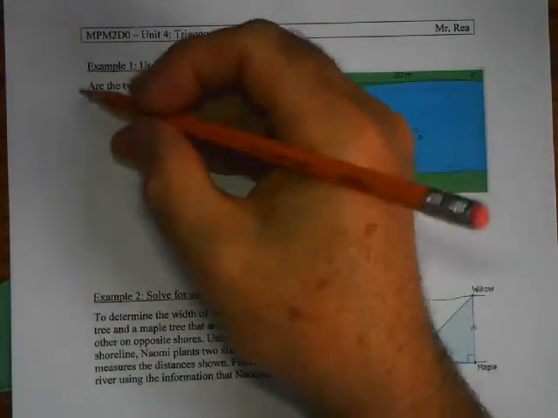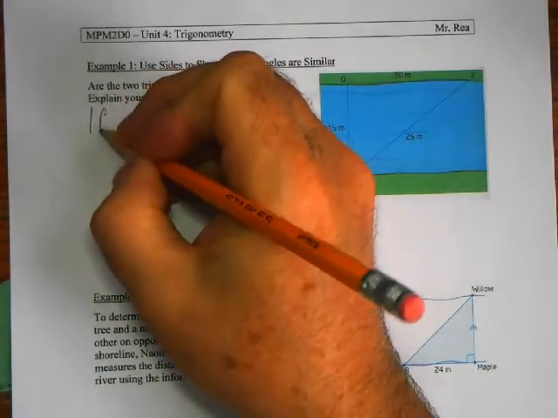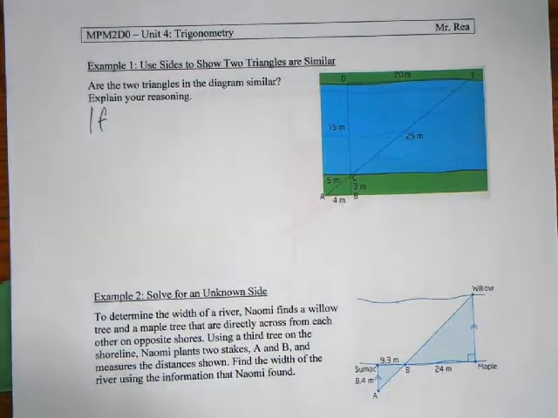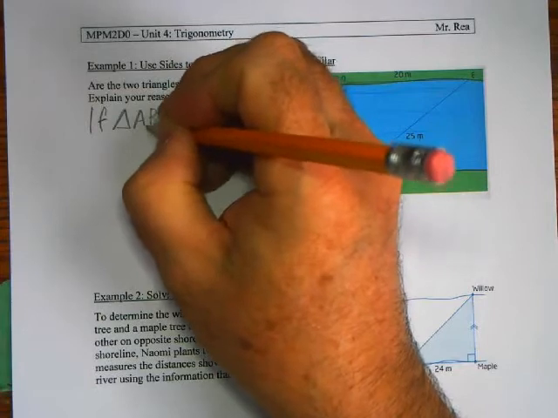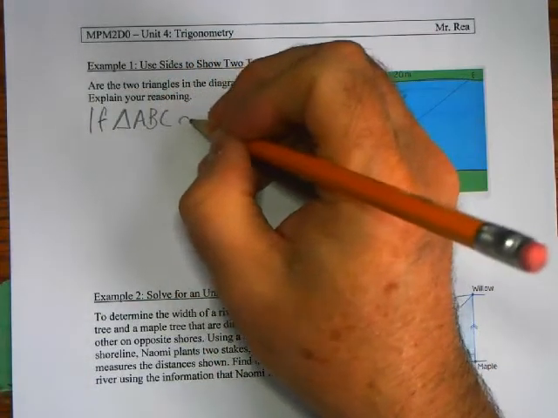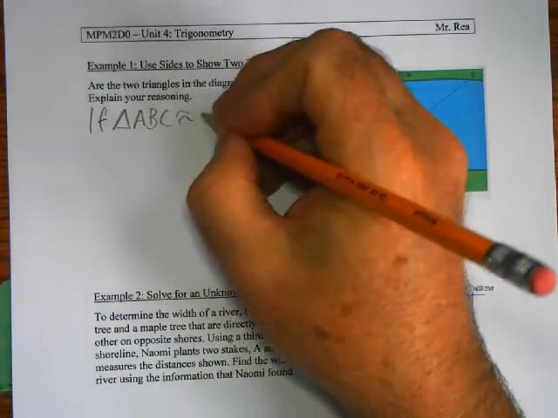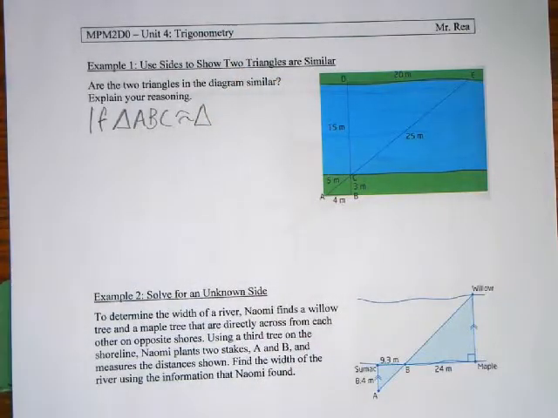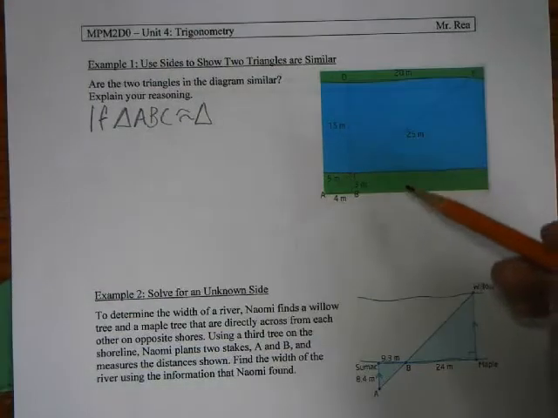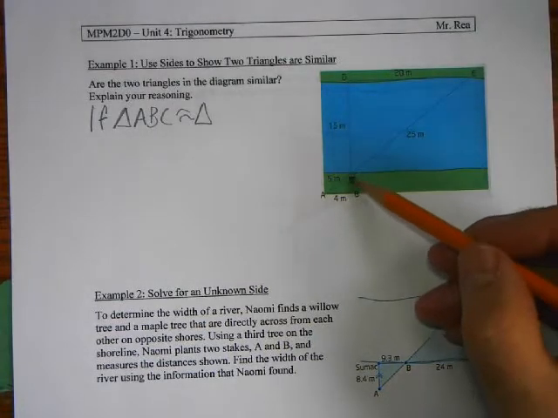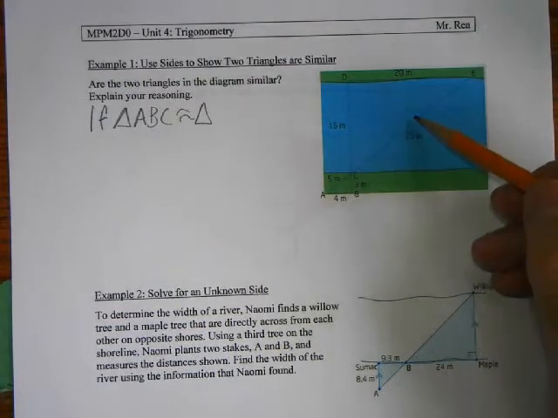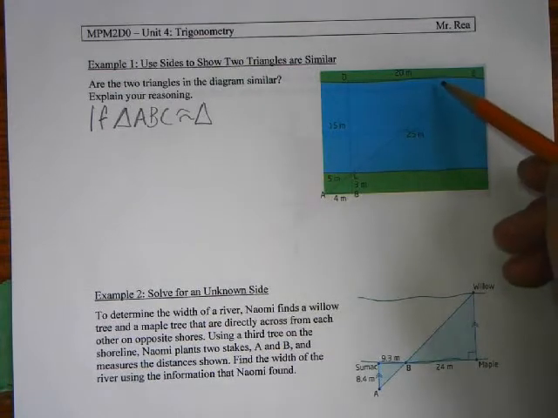Okay, so I'm going to start off by making an assumption. I'm going to assume that they're similar and say if they are similar, so if triangle ABC is similar to, now I have to make sure I get the order right here because this triangle is not oriented the same way this is.